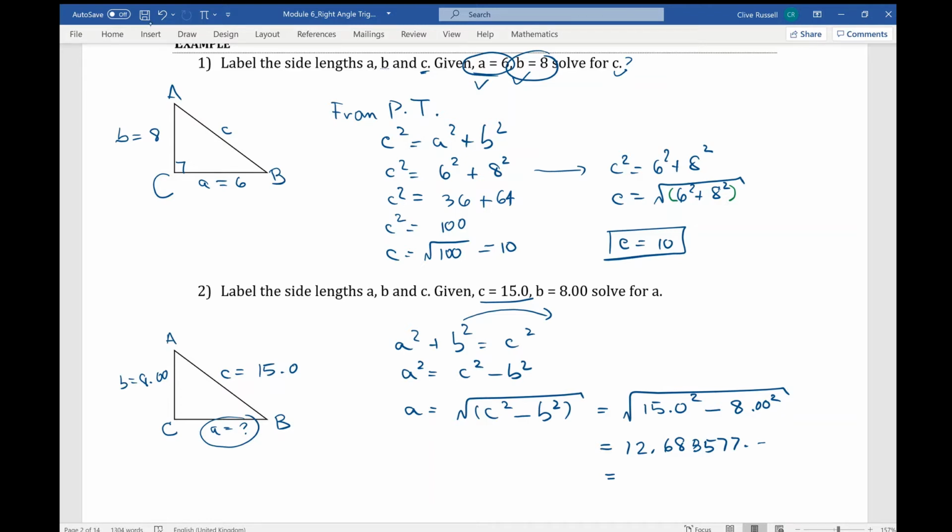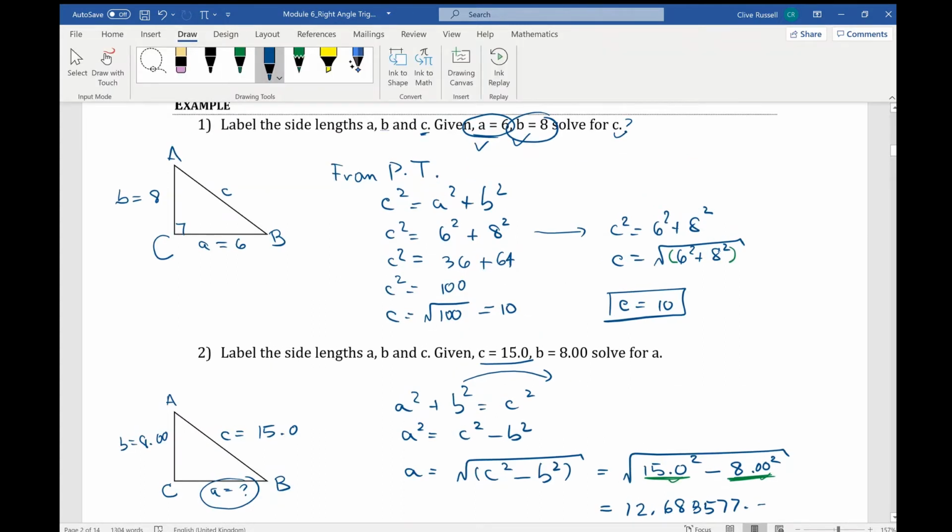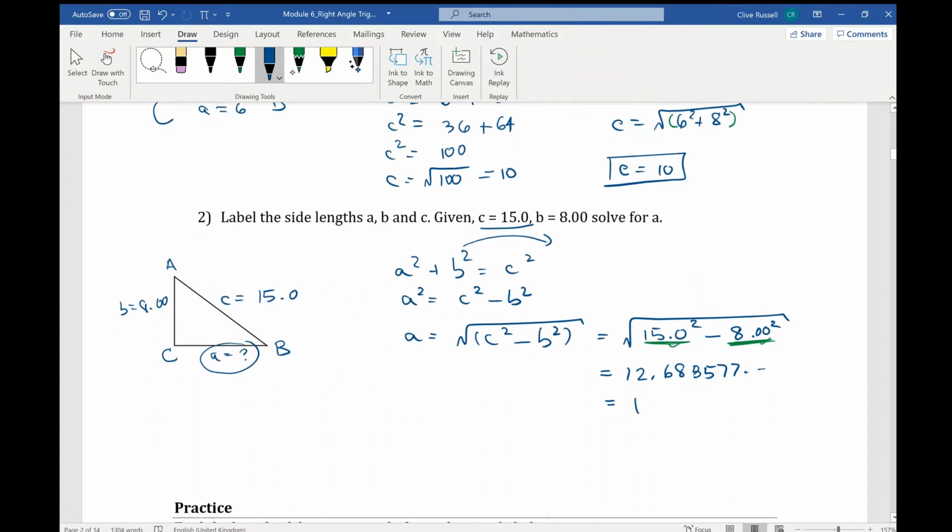Now in this, if you look right here at the numbers that we are using, the 15.0, the 8.00, this has 3 significant digits. This also has 3 significant digits. So our final answer has to be 3 significant digits also. So therefore, for 3 significant digits, this has to be 12.7.